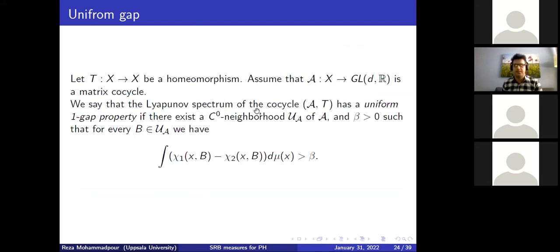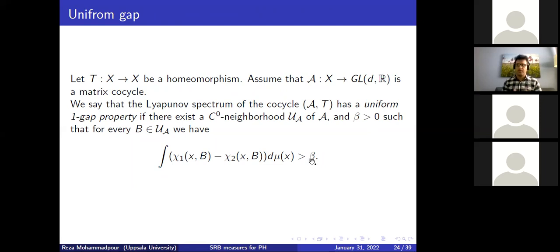We say that the Lyapunov spectrum of the cocycle A has a uniform one gap property if there exists a C0 neighborhood U of the cocycle A, and a constant beta, such that for every cocycle B which belongs to this neighborhood, the difference between the first and the second Lyapunov exponent is greater than beta.